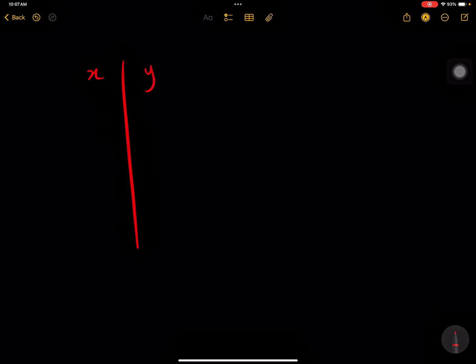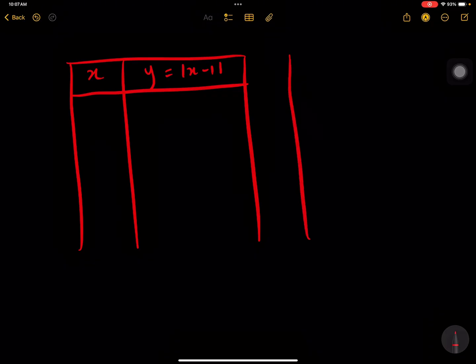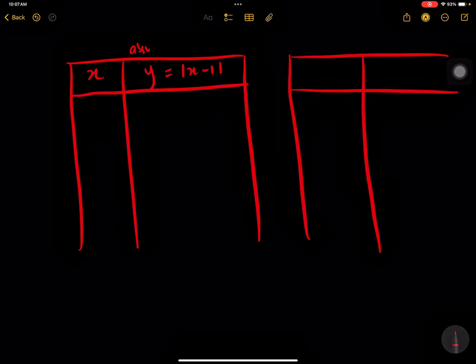Need to find the x and y for, I have two different tables. One is to find absolute, and then one more is to find linear. This is absolute, this is linear graph.